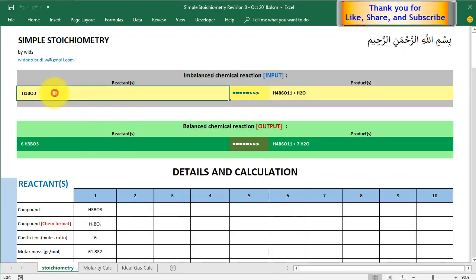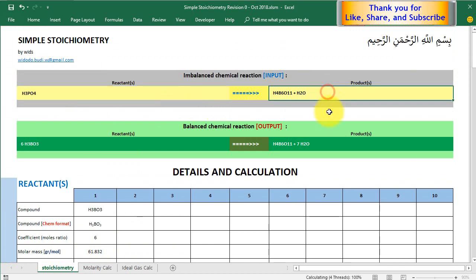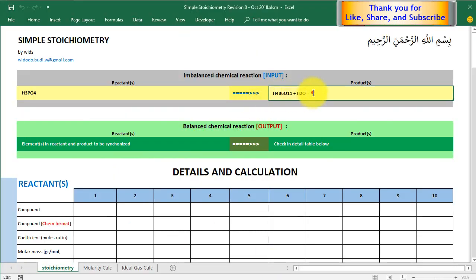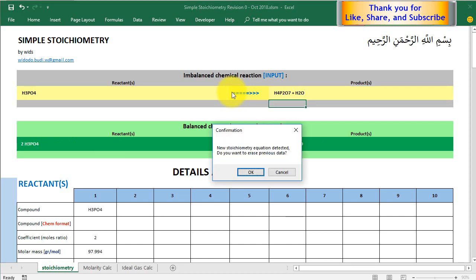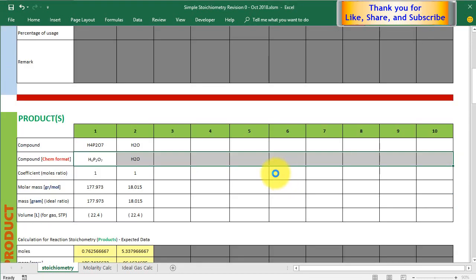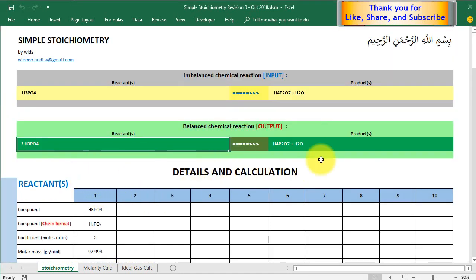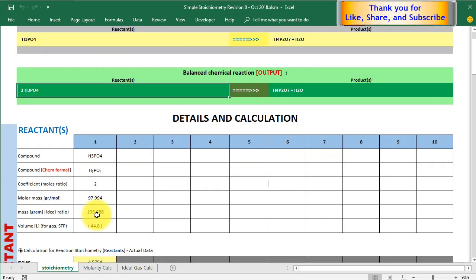Okay, the second problem. Okay, hit enter. I think we just cancel. It's faster. Okay, but please be aware, right?